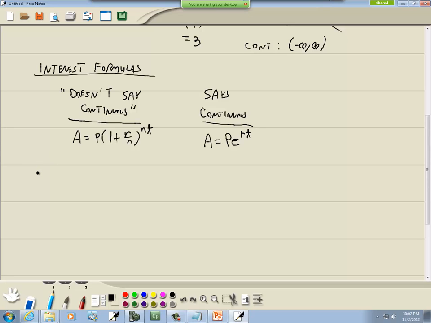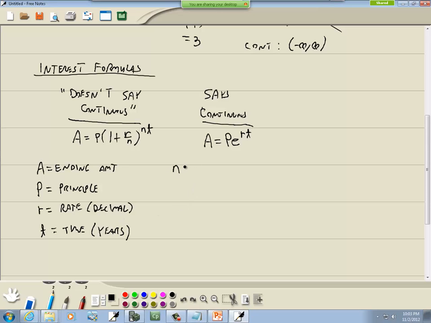Well, A is our ending amount. P is our beginning amount or principal. R is our rate, and it's in decimal. T is our time, and it's in years.